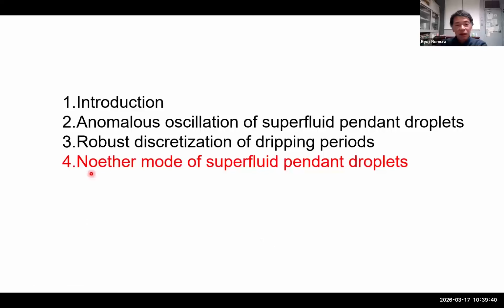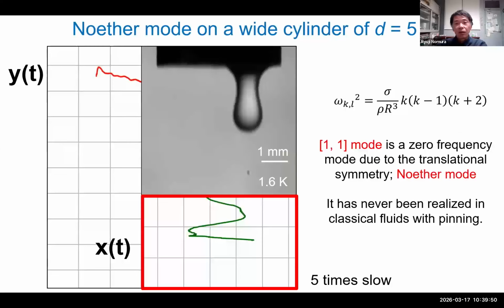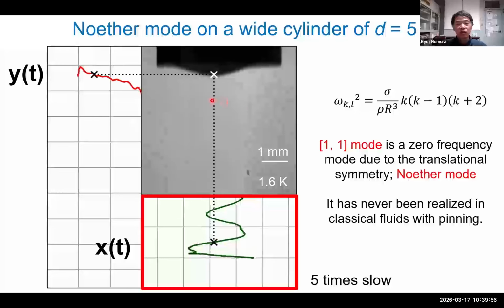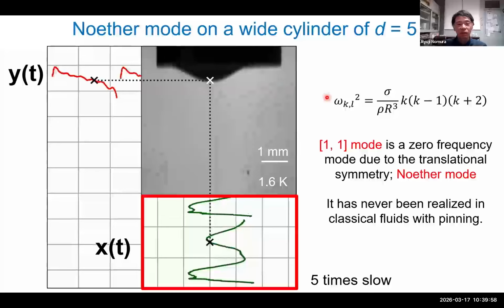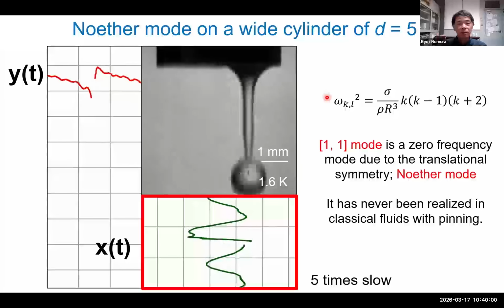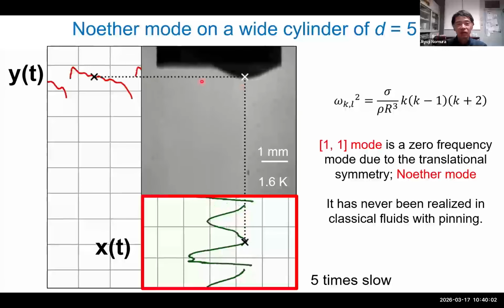Okay. Finally, let me show the Nater model of the pendant droplet. On a wide cylinder of 5 millimeters, we observe this kind of motion, horizontal motion of the droplet. So it oscillates horizontally.